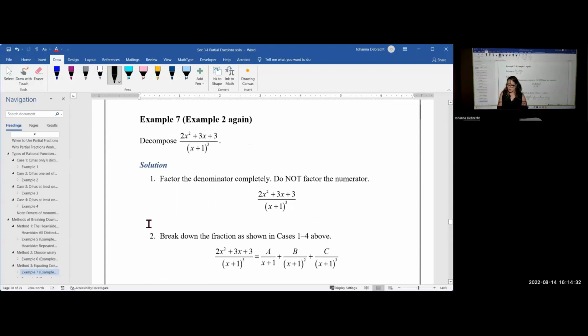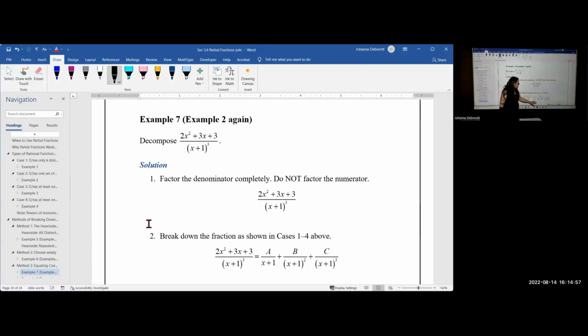So we're looking at this one right here, and we're going to factor the denominator completely, which it's already factored completely. It's x plus 1 quantity to the third. So it is factored as much as it will go. Then we're going to break down the fraction on the left by decomposing it. So it's a repeated linear factor. The linear factor is x plus 1.